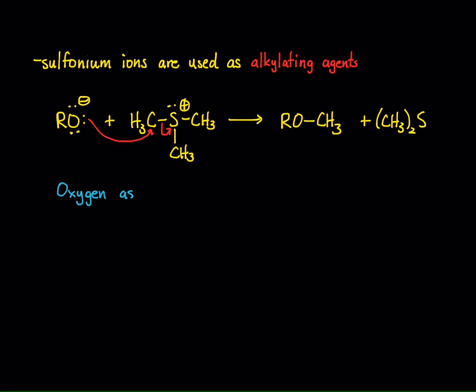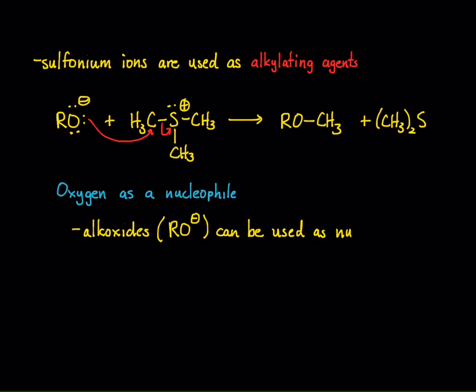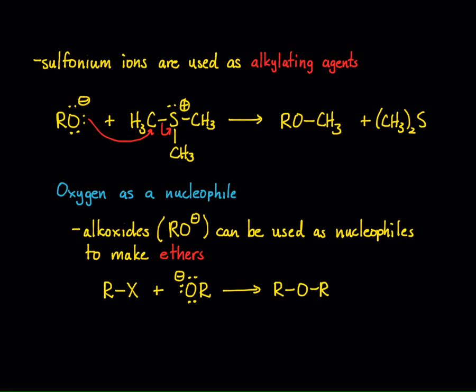So we've also seen oxygen can be a nucleophile as well, right? Alkoxides, RO minus, can be used as nucleophiles, and they make ethers when reacted with a substrate that has a good leaving group. So if I take an alkyl halide and react it with an alkoxide, RO minus, then I get ROR. ROR is an ether.